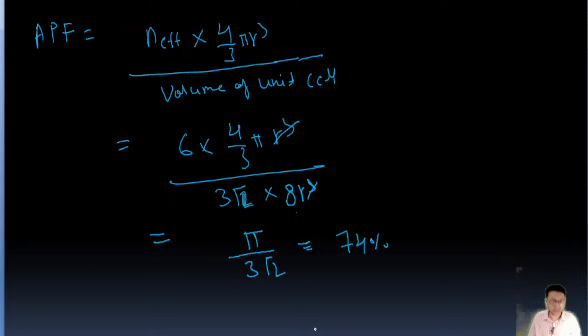Okay, 0.74 or 74% as FCC. We have seen the atomic packing fraction of FCC is also 74% as it is for SCP. So atomic packing fraction of FCC and SCP, that is hexagonal closed pack structure, is same.